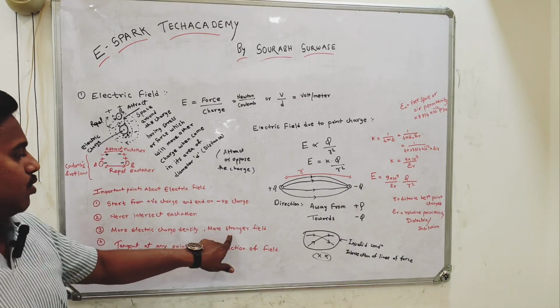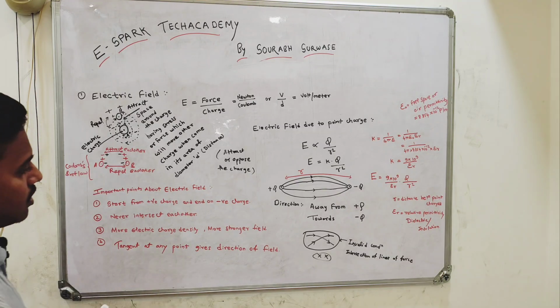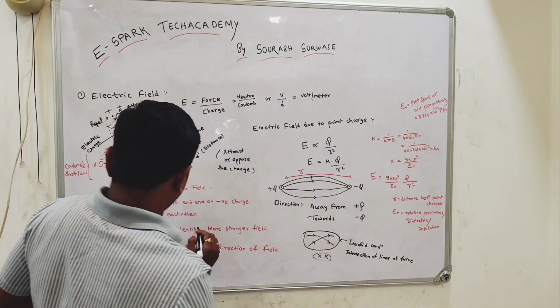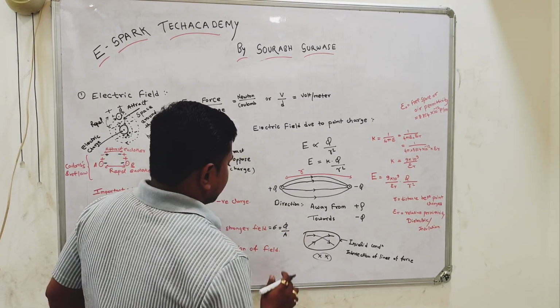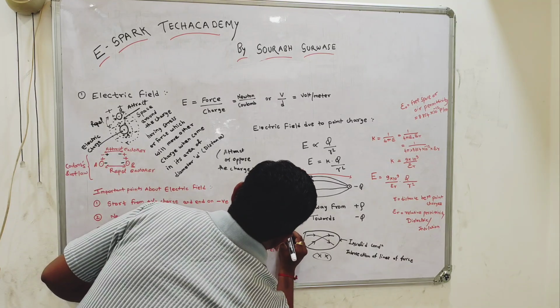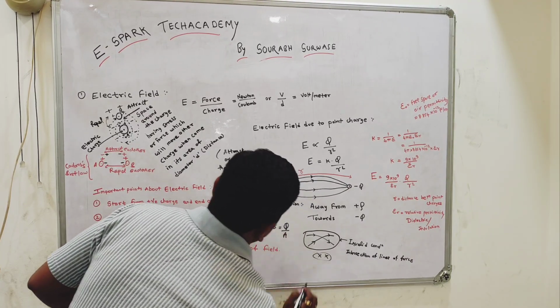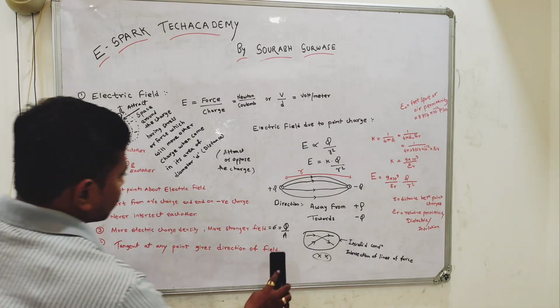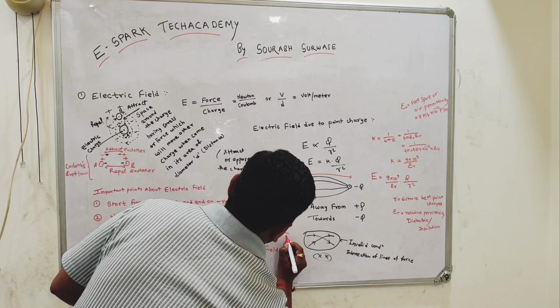And the more the electric charge density, the stronger the field is. Now the electric charge density is nothing but sigma, equal to charge Q per unit area.